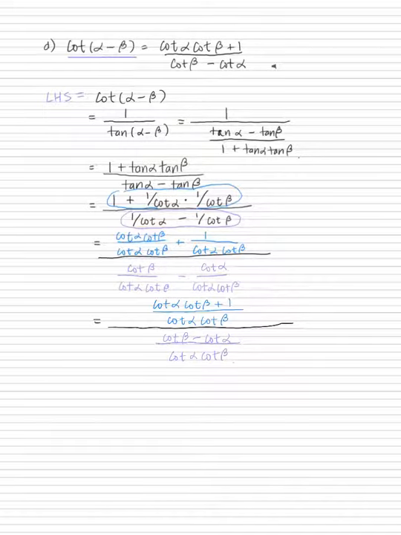Are you guys with me so far? All right, so now I'm going to simplify this. Here what we're going to get is cotangent of alpha, cotangent of beta plus 1, whole thing over, sorry, that's a beta, and dividing by the denominator, you multiply by its reciprocal.